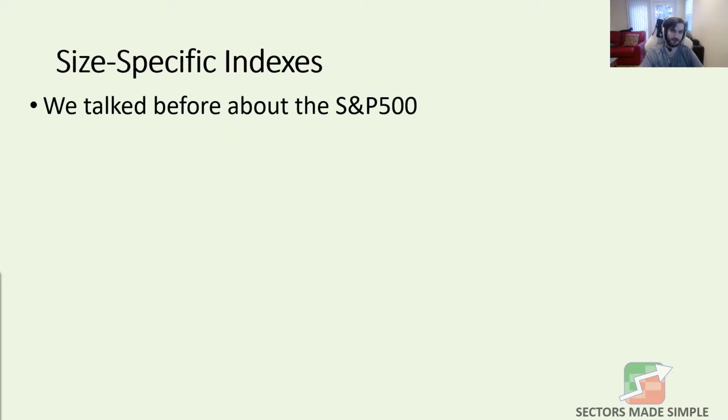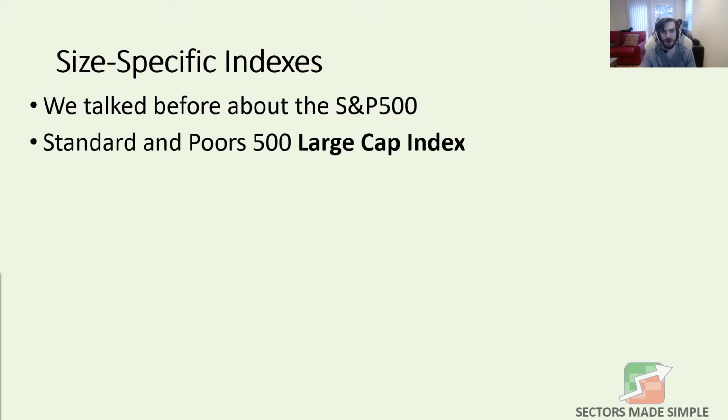So we just talked a little bit about the S&P 500. Let's break that down again. Standard & Poor's 500 large cap index. There are other indexes that fall within this same umbrella of Standard & Poor's.